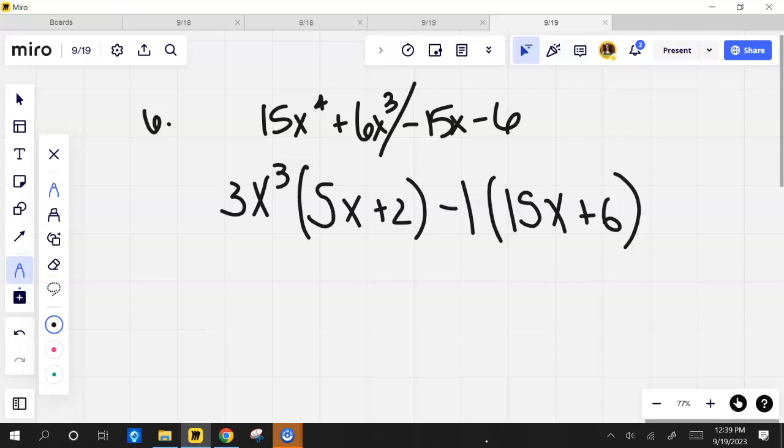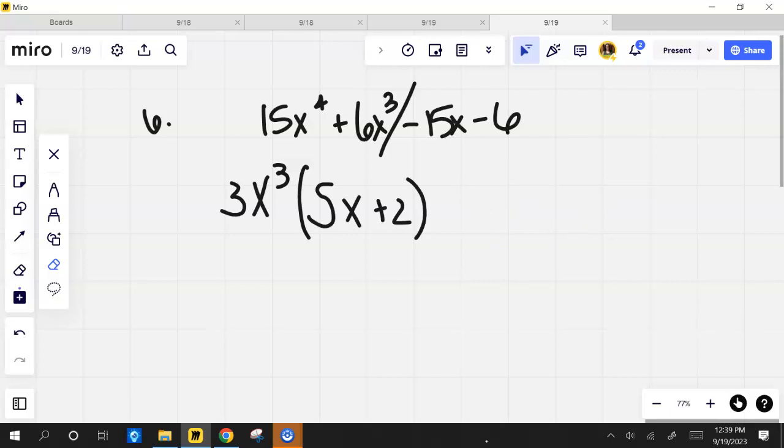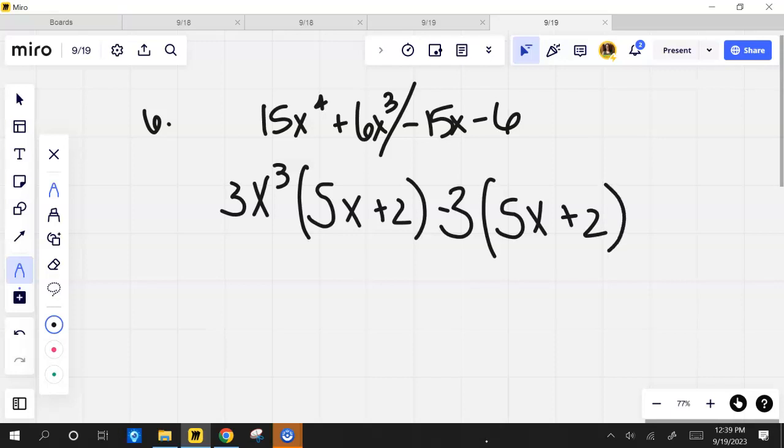Where's the eraser? Let's just erase it all. Do I do it right on my paper? 3, negative 3, and then this guy's the same, and then 3x.